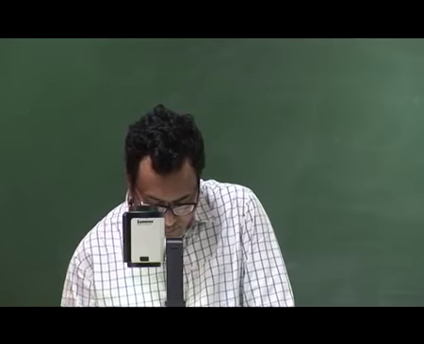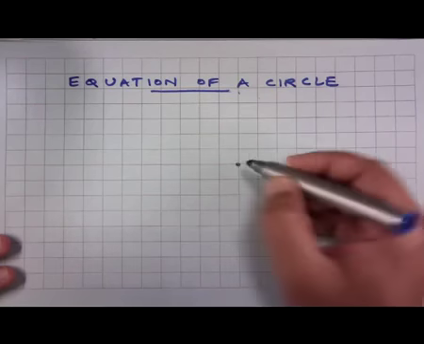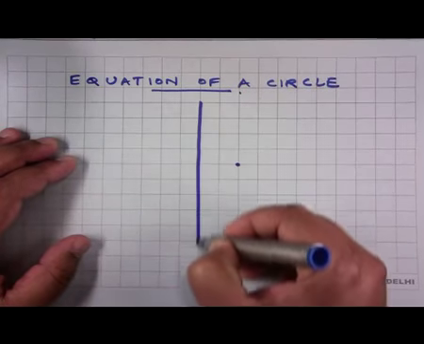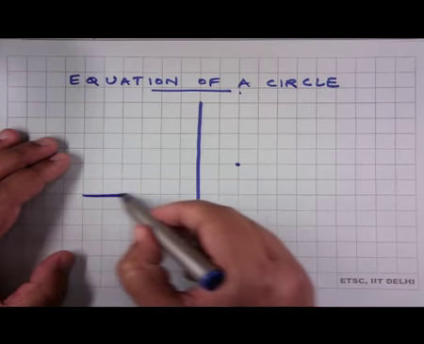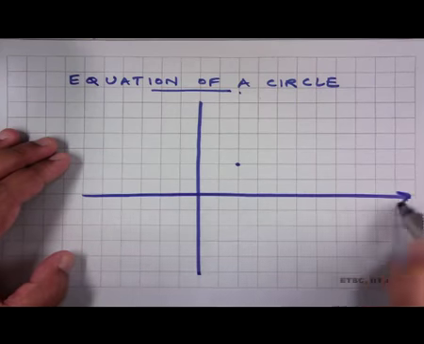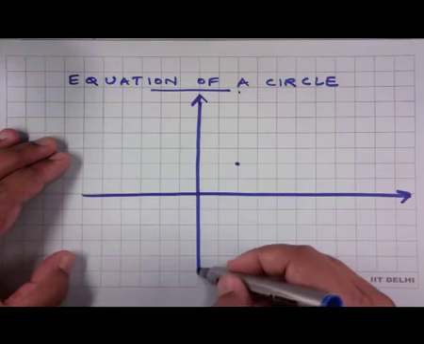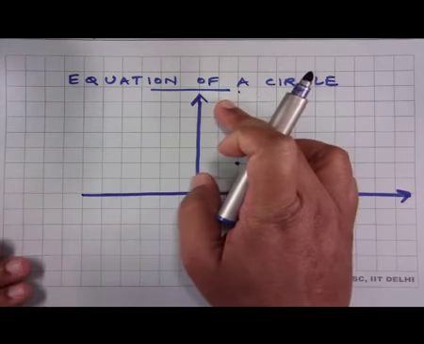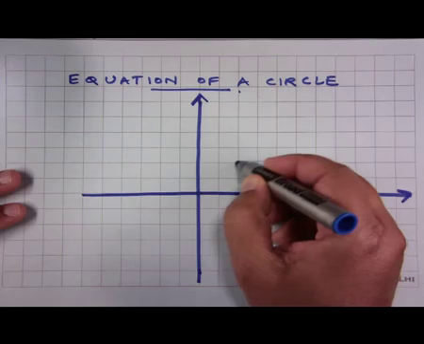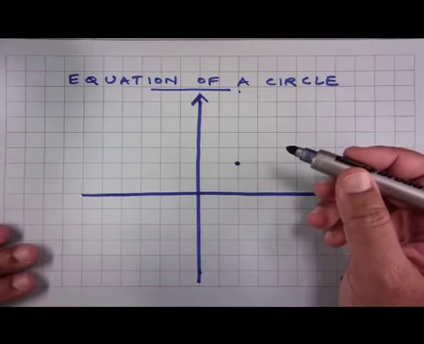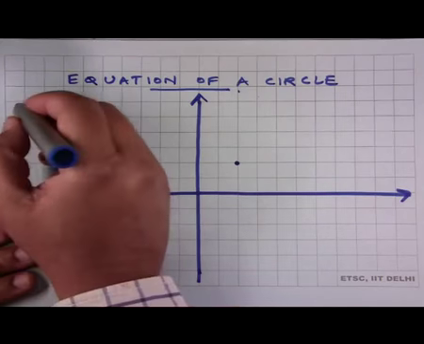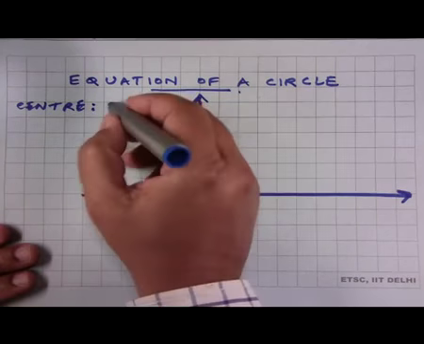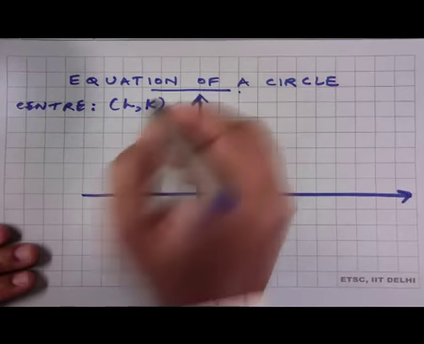Let us go back and say these are the coordinate axes, x axis, y axis, and suppose we have a circle whose center has coordinates h comma k.